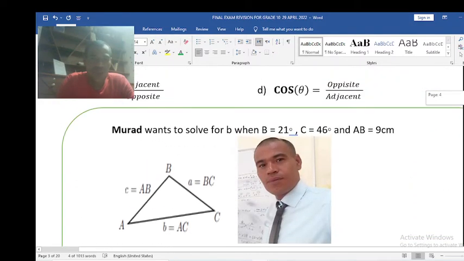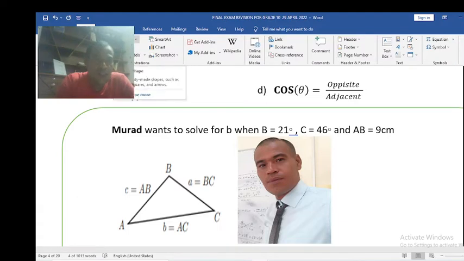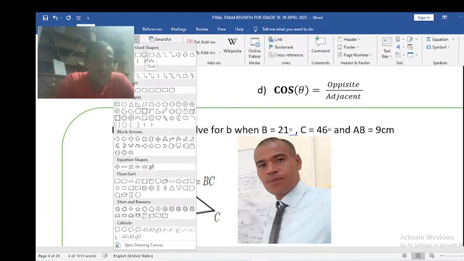Now the next question, Murad wants to solve for b when the angle B is 21 degrees and angle C is 46 degrees. I will use a small shape.